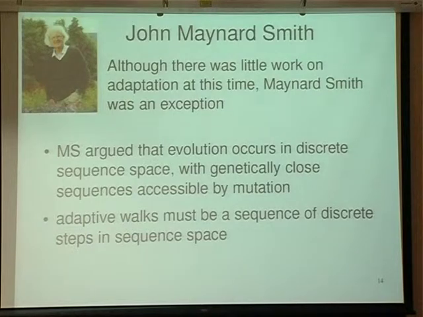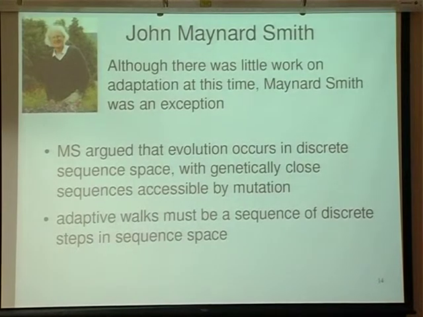An exception to that was John Maynard Smith, about whom we heard some lovely anecdotes last night. Although not too many people were working on adaptation, Maynard Smith was an exception at this time, and he argued that evolution occurs in discrete sequence space. Ultimately, genes are discrete.